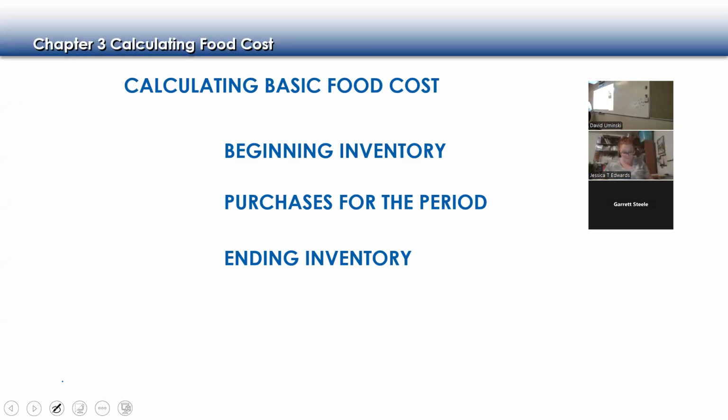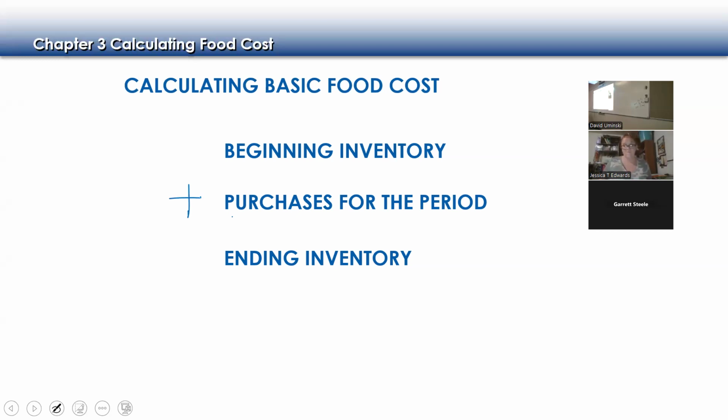And then we think about what does this action, purchasing, do to our inventory? Does it add to our inventory or does it take away from our inventory? What do you think, Sebastian? We add. So we're gonna take our beginning inventory.